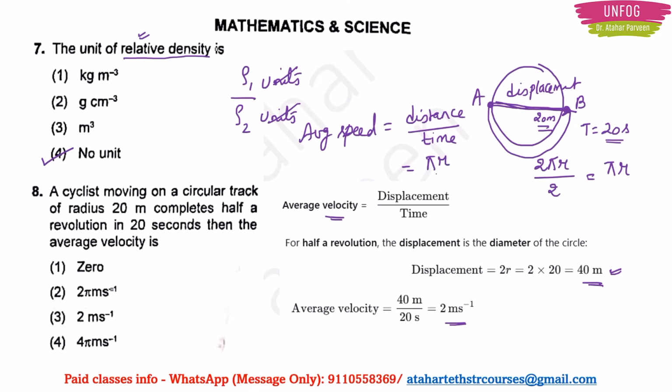This will be our distance and time will be 20 seconds. So pi into 20 by 20. So this thing was average speed would be pi meter per second. Okay, you get my point, right? So here they have asked average velocity and we got the answer as 2 meter per second. So option 3 will be the correct answer here.